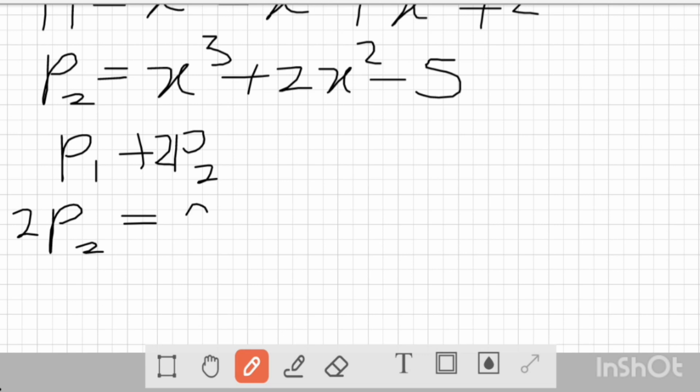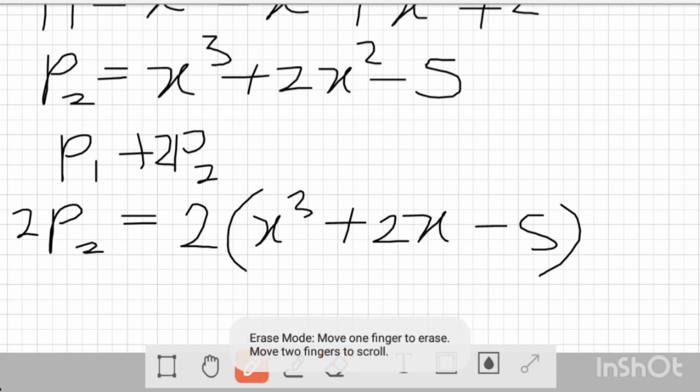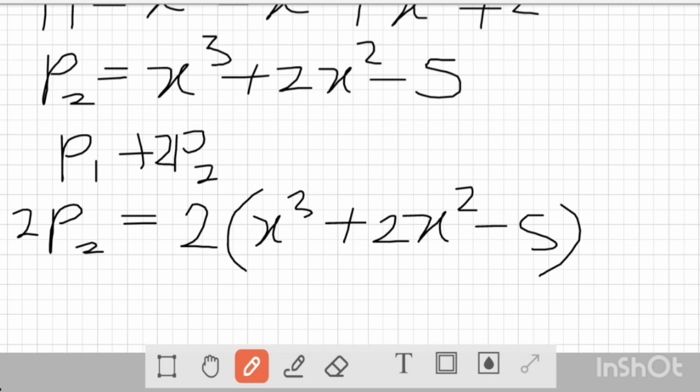So here put 2 outside, open the parenthesis, then write x raised to power 3 plus 2x raised to power 2 minus 5, close the parenthesis. So we will multiply all the terms of the polynomial by 2.